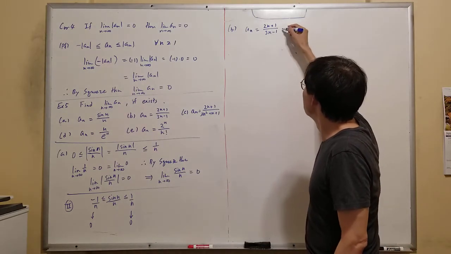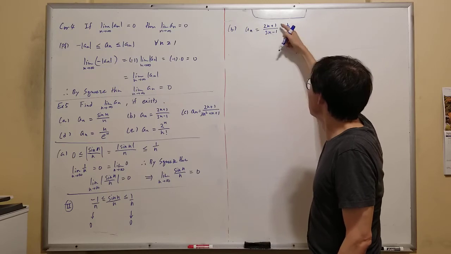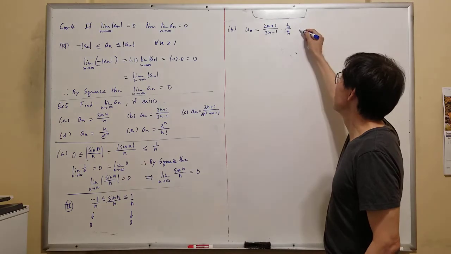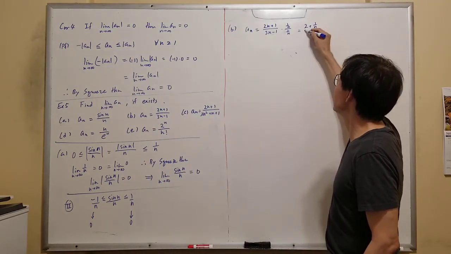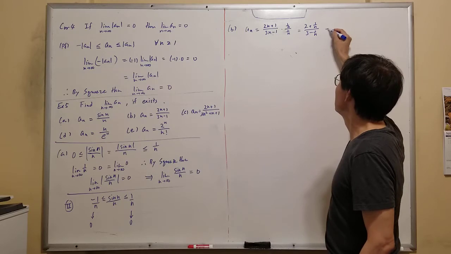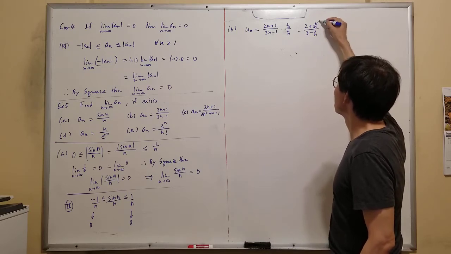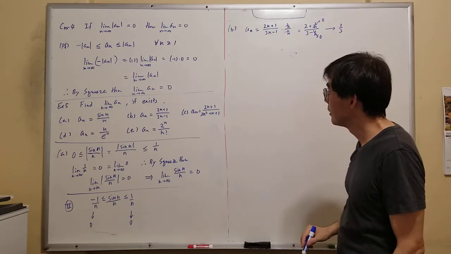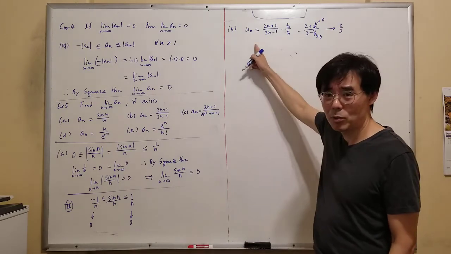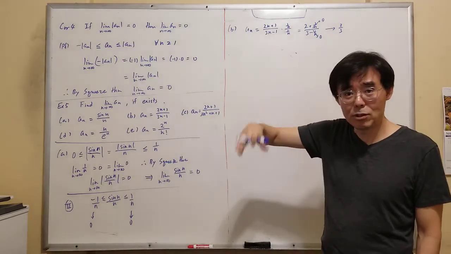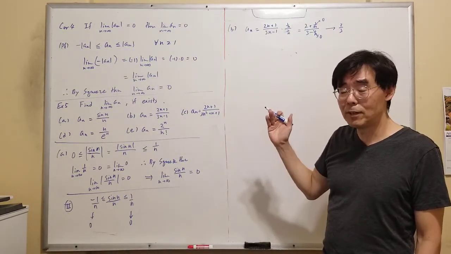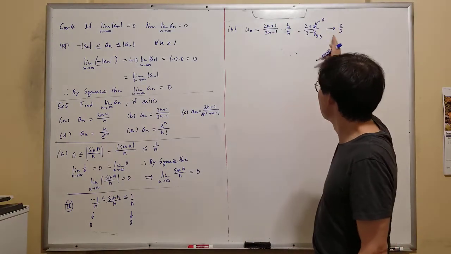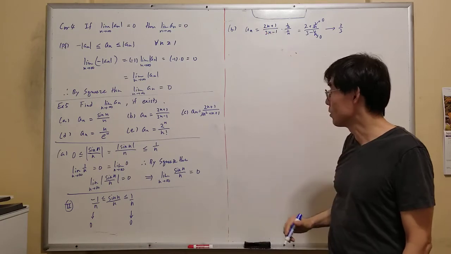If you divide both numerator and denominator by the highest power of the denominator, which is n, what is it? 2 plus 1 over n, over 3 minus 1 over n. This one approaches 0, this one approaches 0. It's 2/3. So it's just like 2x plus 1 over 3x minus 1 when you have the same degree in numerator and denominator as x going to infinity or negative infinity. Your limit will be just the ratio of the leading coefficients, right?